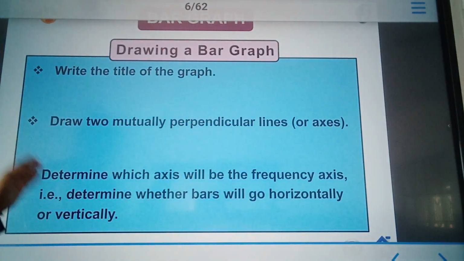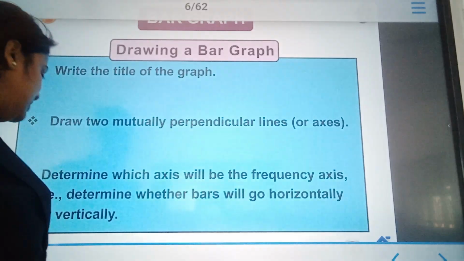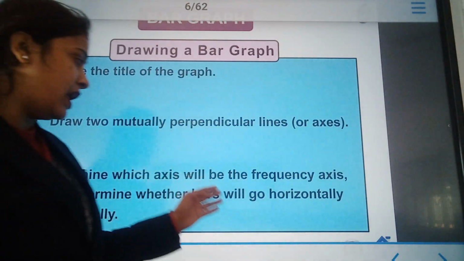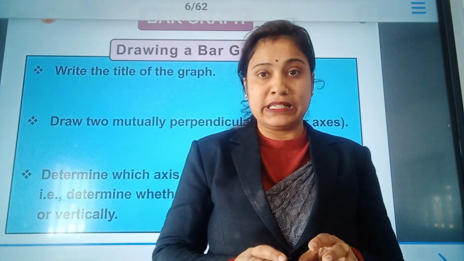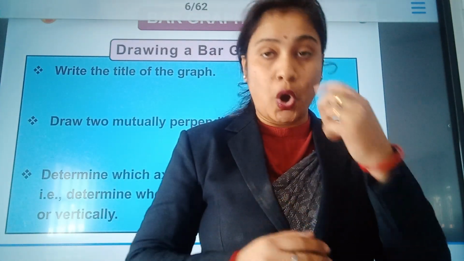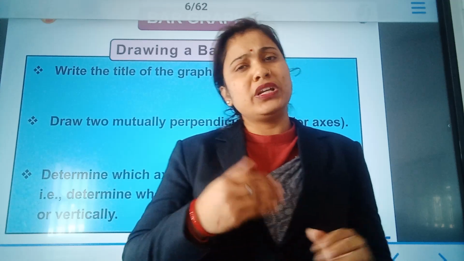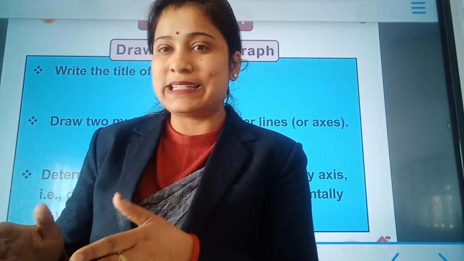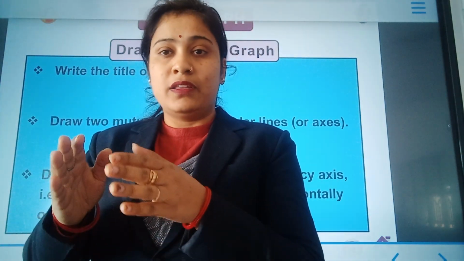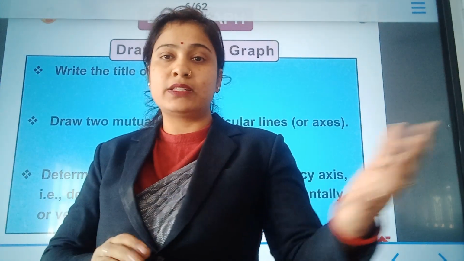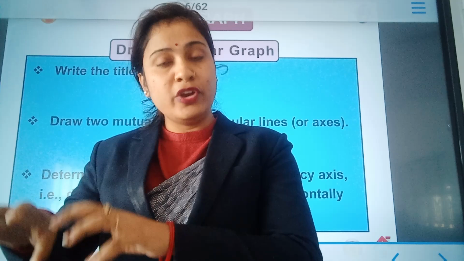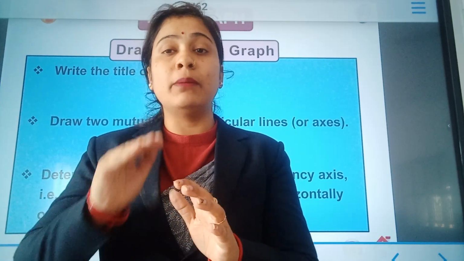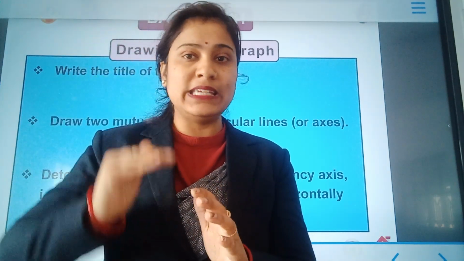Third, determine which axis will be the frequency axis, that is, determine whether the bars will go horizontally or vertically. We have to name the axes on the basis of the observations given. It is up to you whether you consider the x-axis or the y-axis as the frequency axis, because when we draw the bar graph, we usually draw the bars along the frequency axis.